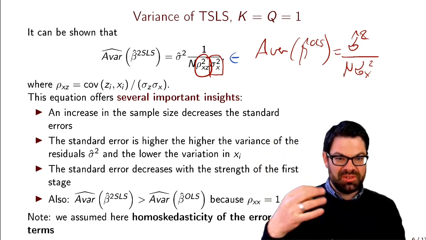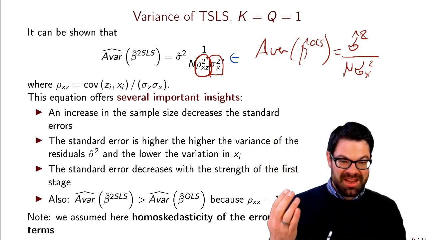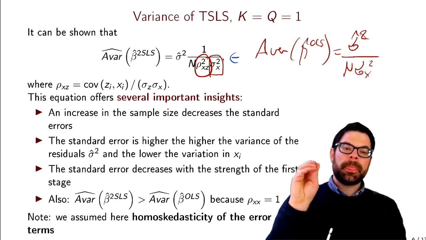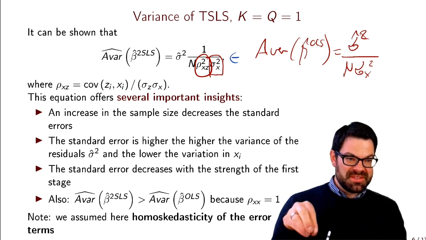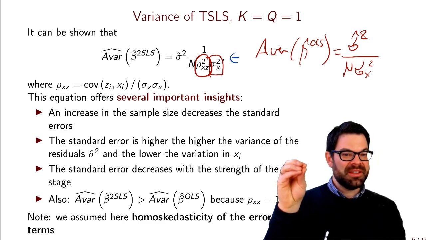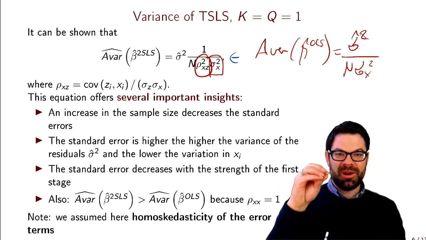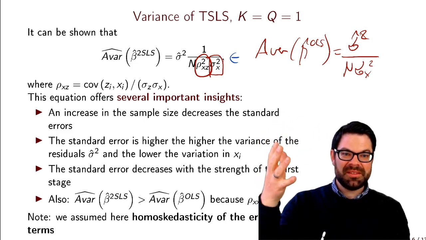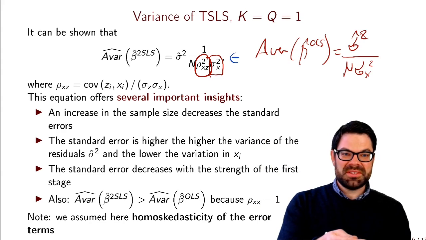That's something that you cannot change. That's just how it is. Plus, you cannot compensate, for example, for having a small sample, you cannot compensate for the fact that because of the small sample, you have a large variance, that you then have a strong first stage.